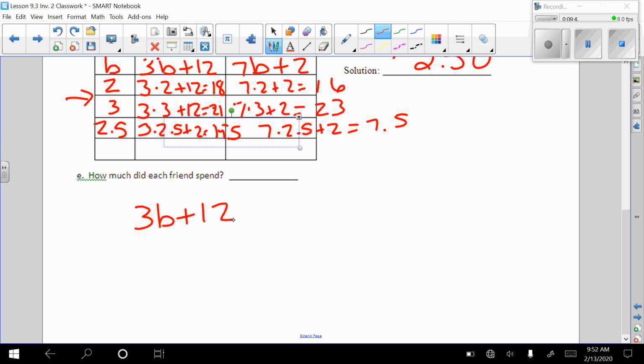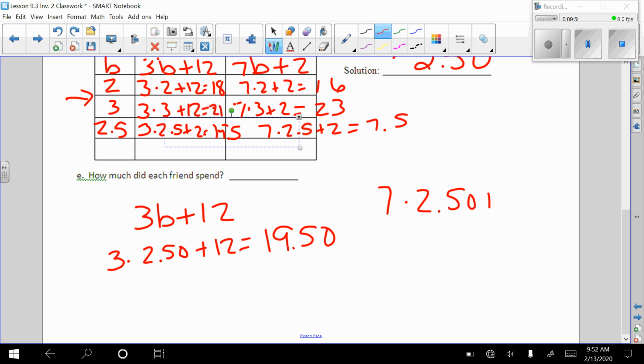Well, if I put in $2.50, 3 times $2.50 plus 12, I found out she spent $19.50. I did the same for Allie. I put it back into my equation, 7 times $2.50 plus 2, again, I'm going to find out that that equals $19.50. So each person spent $19.50.